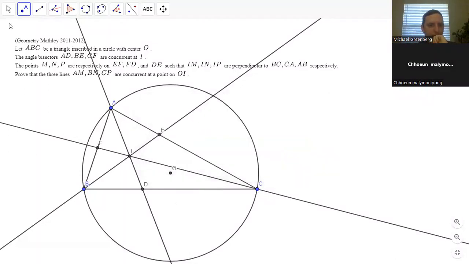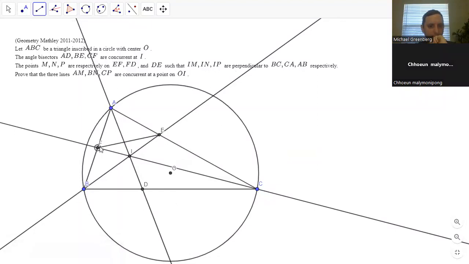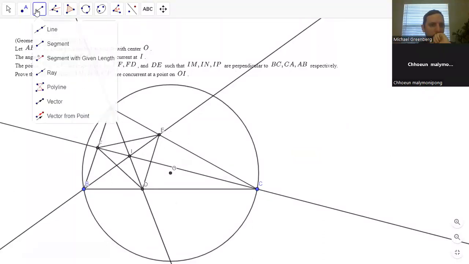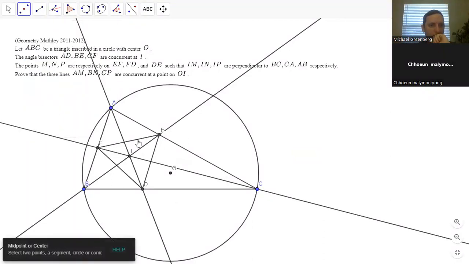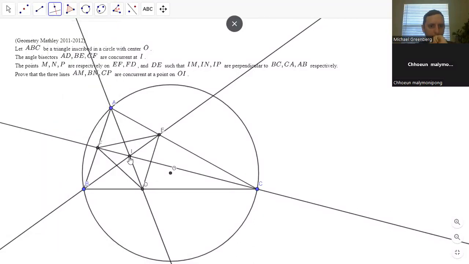M, N, and P are on EF, FD, and DE. They're the midpoints. Oh no, they're not the midpoints. They're basically where you draw the perpendiculars.